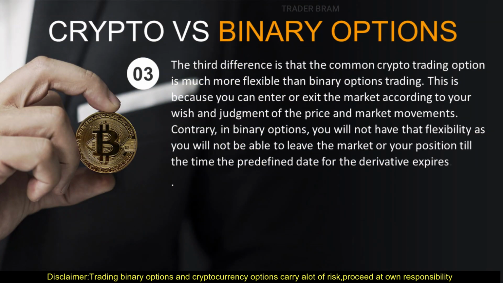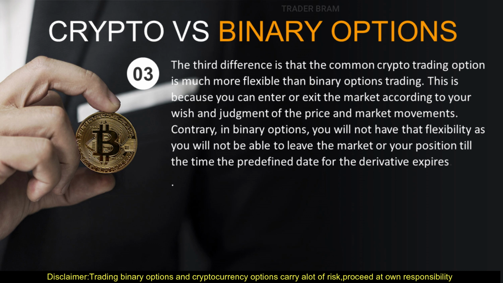The third difference is that common crypto trading is much more flexible than binary options trading. This is because you can enter or exit the market according to your wish and judgment of the price and market movements. Contrary to binary options, you will not have that flexibility.